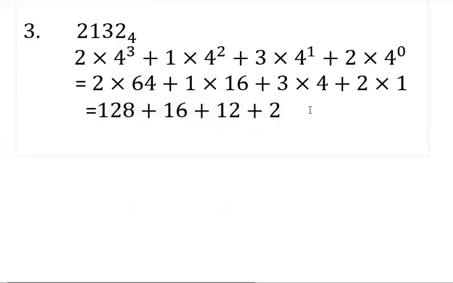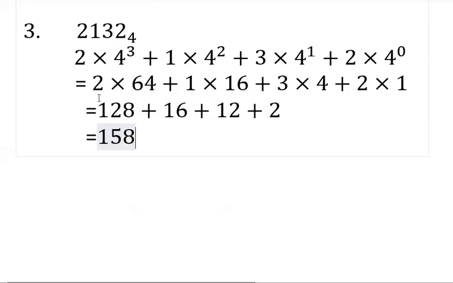So with this, we can now say, let's get this template here. 128 plus 16 will give us what? 144. 144 plus 12 give us 156. Then 156 plus 2 give us 158.